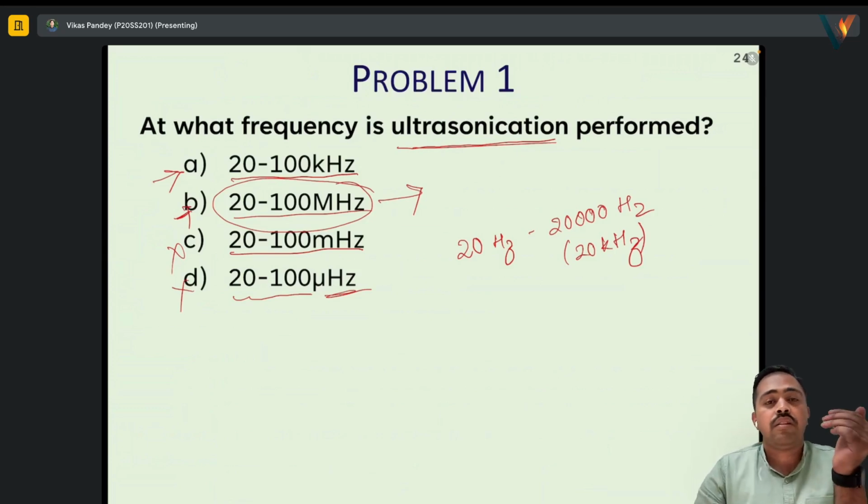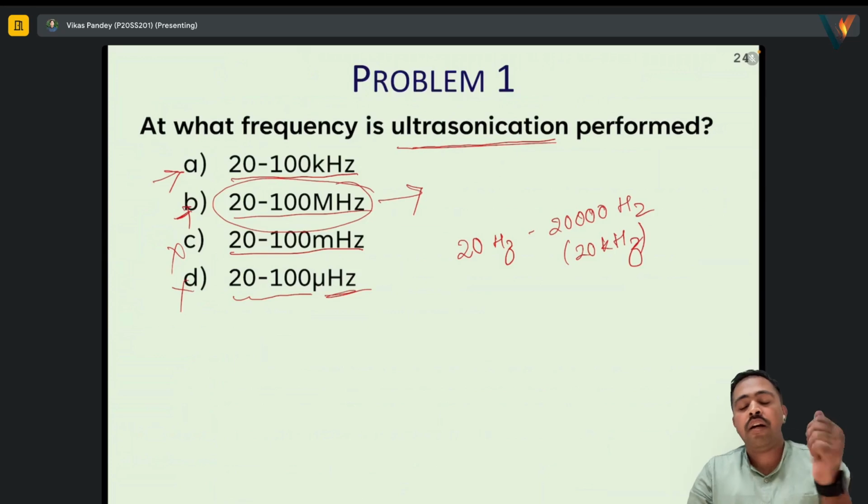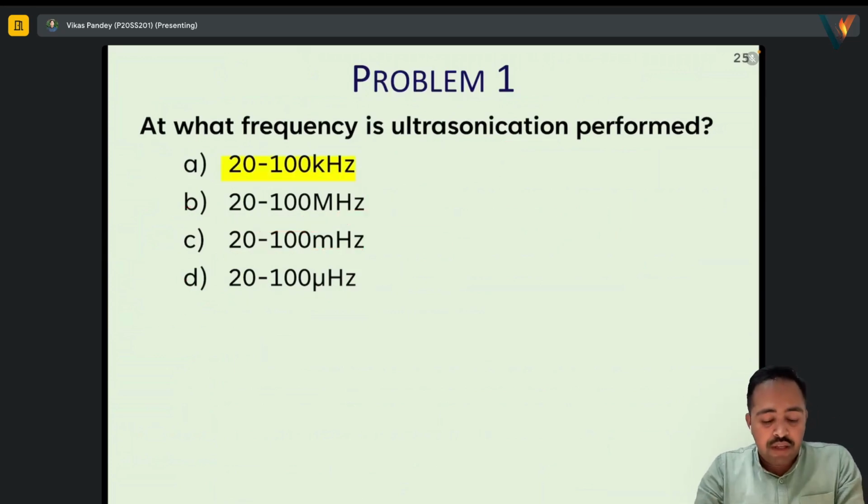This is for ultrasonication. For megasonication, we have a slightly higher frequency range. Okay. Now, let's come to question 2.